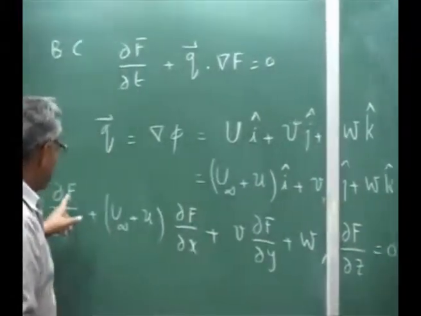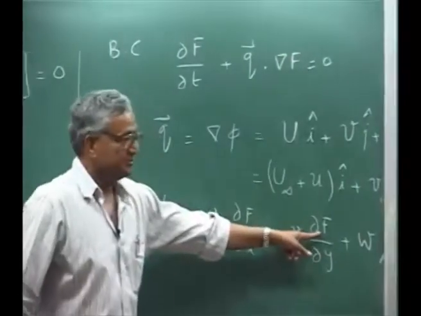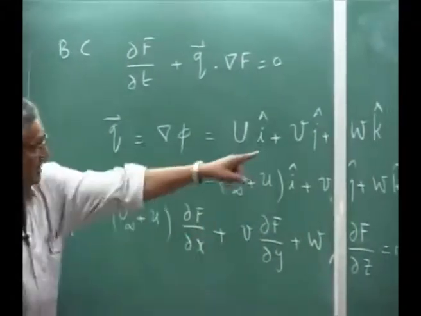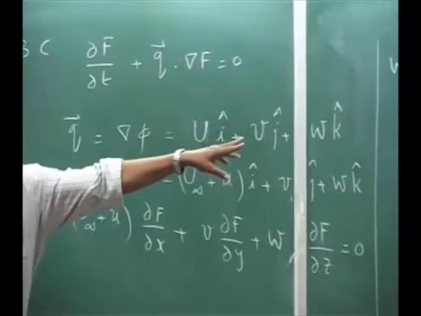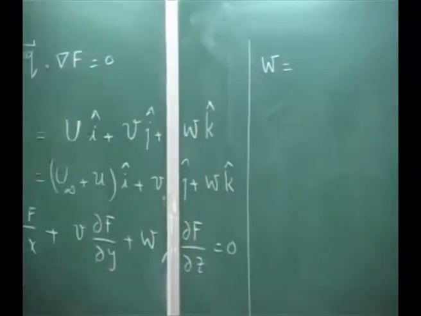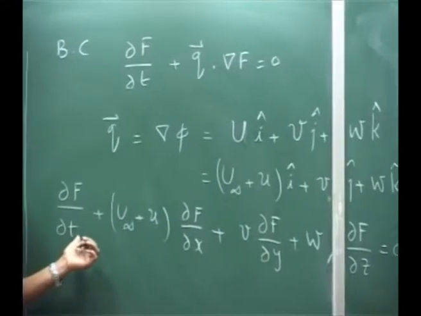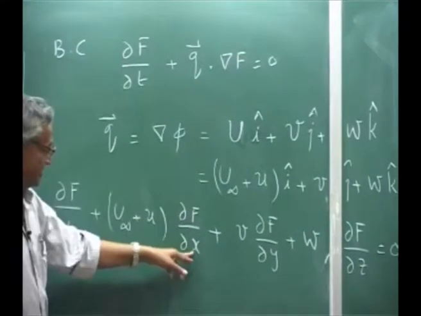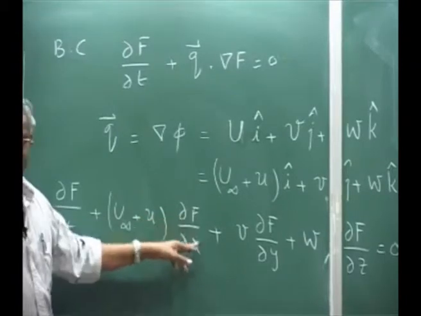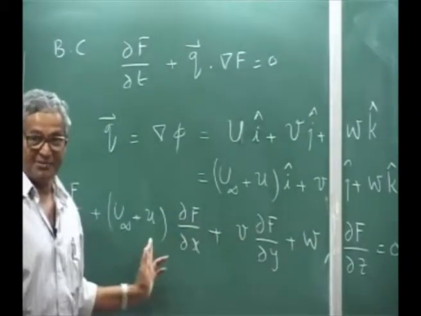Here all are lowercase f, because z is an independent variable, therefore that is not a function of time. Okay. And similarly here z will not come, here also z will not come, they will have a minus sign.